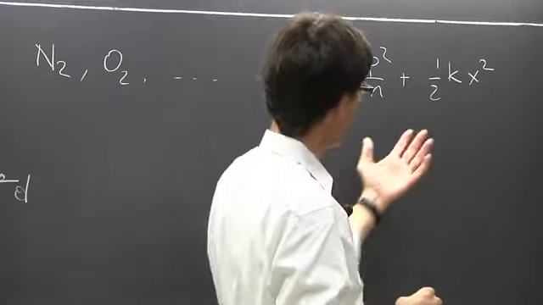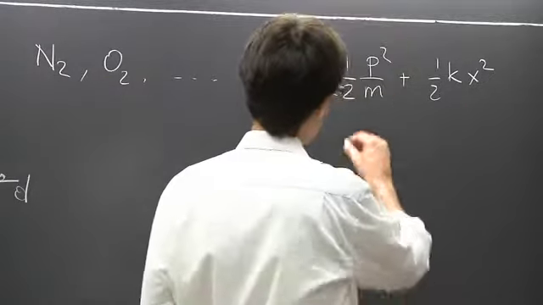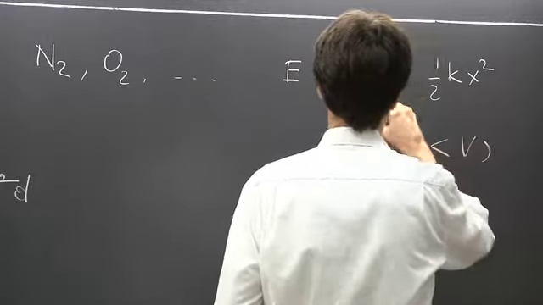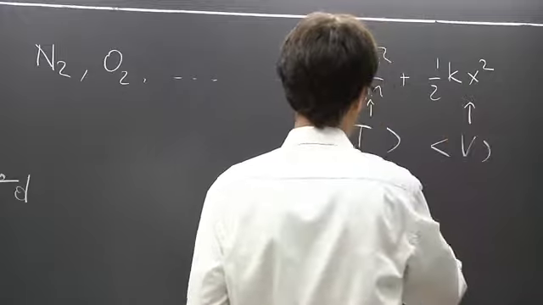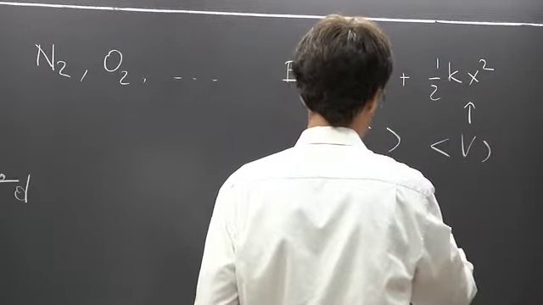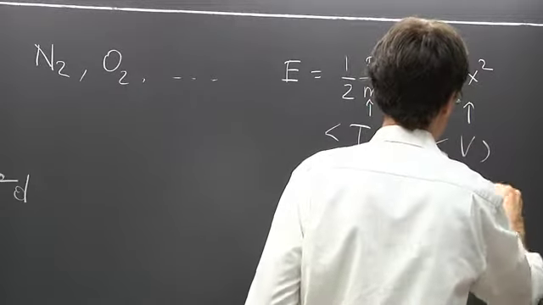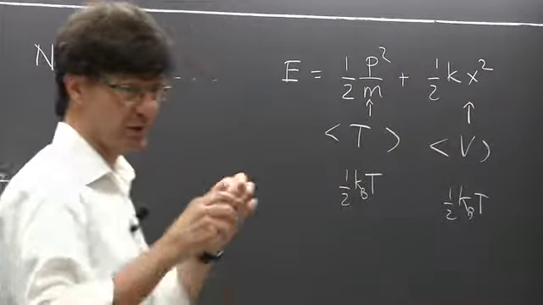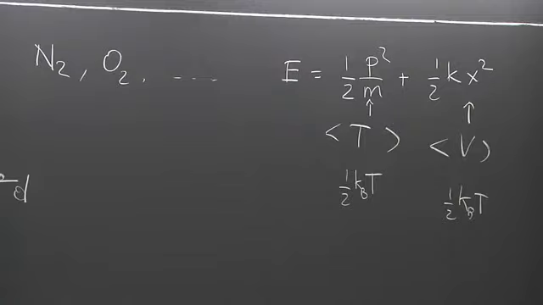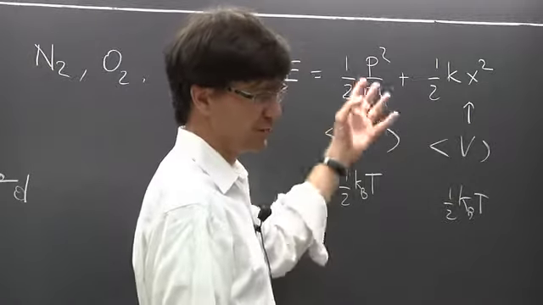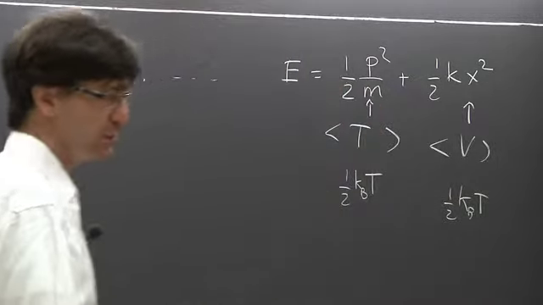If you have a collection of oscillators at a given temperature T, the average value of the kinetic energy and the average value of the potential energy are both 1/2 kBT. Of course, for each oscillator, for each degree of freedom. So in 3 dimensions, it would be 3/2 kBT, and if you have N particles, it would be 3N/2 kBT.